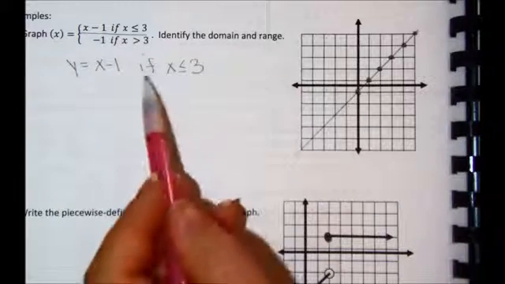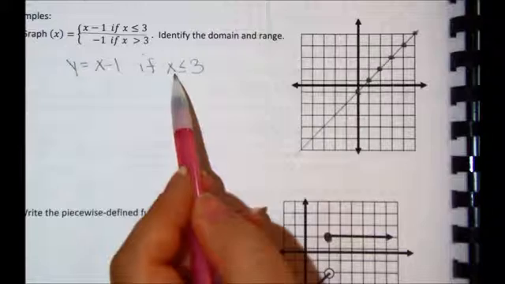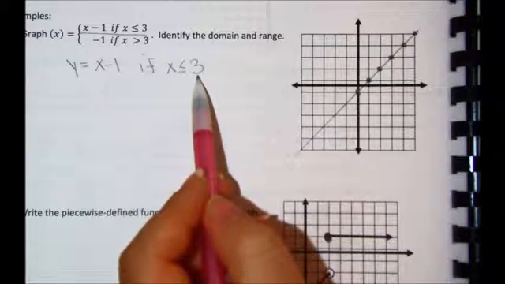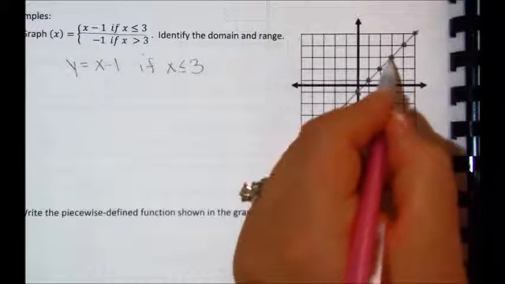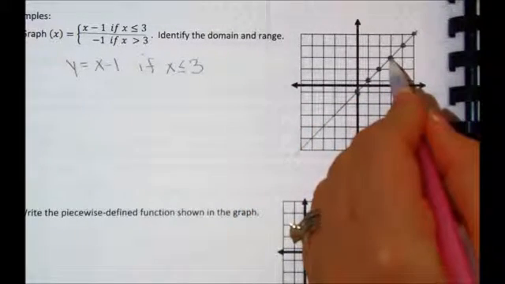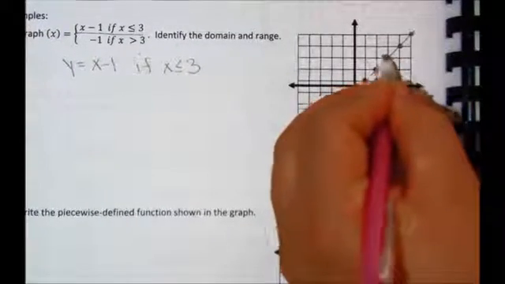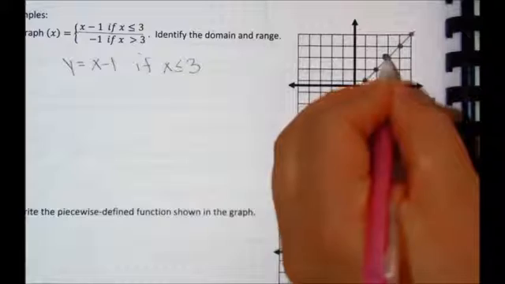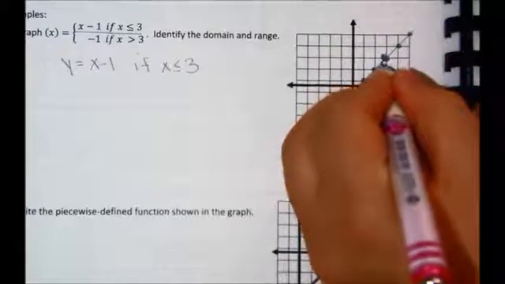Now we move on to the second part of that. This is true only if x is less than or equal to 3. So we need to find on the line where x is equal to 3. That's right here. So less than or equal to would indicate I need a solid dot on this line. Less than indicates that I need to be drawing where the x's are going down.